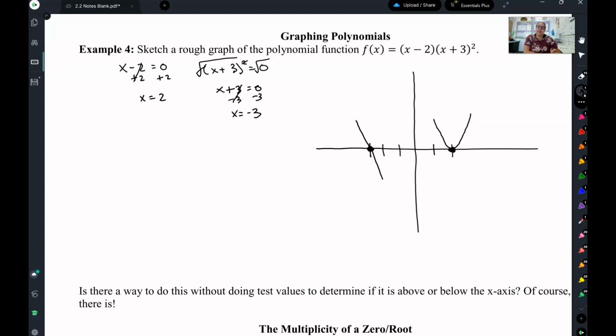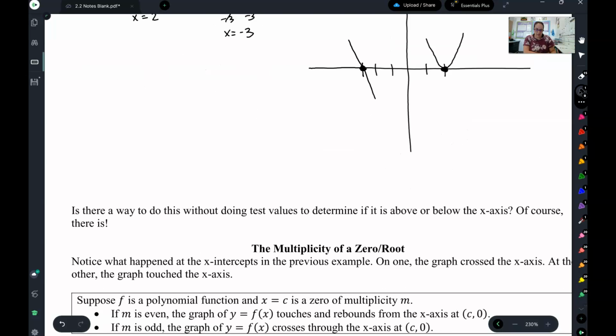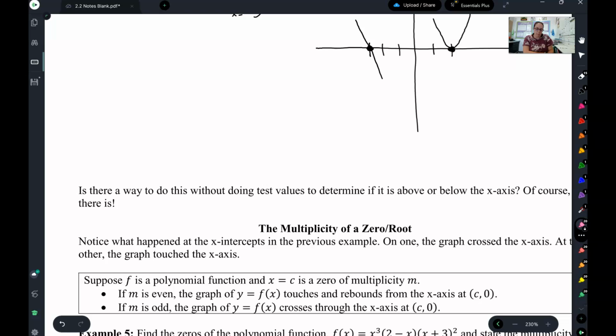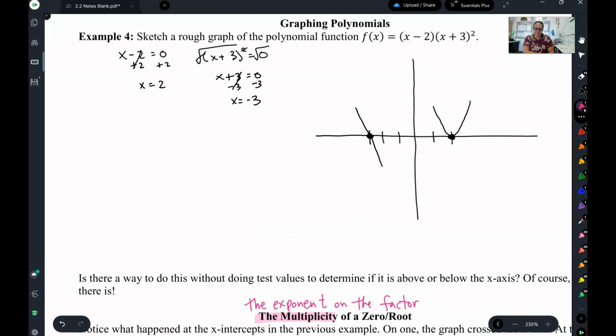Now, the next question we need to ask for graphing is how do I tell which one is which? That happens with something called the multiplicity of the x-intercept. So the multiplicity is the exponent on the factor. So let's talk about the multiplicity of these x-intercepts.